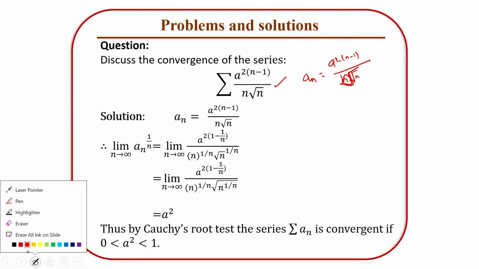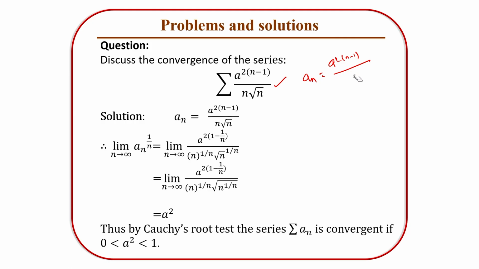So this is a^(2n) minus 1 divided by the nth root of n, that is given. So I'm going to calculate limit a_n to the power 1 by n, and simplify it.